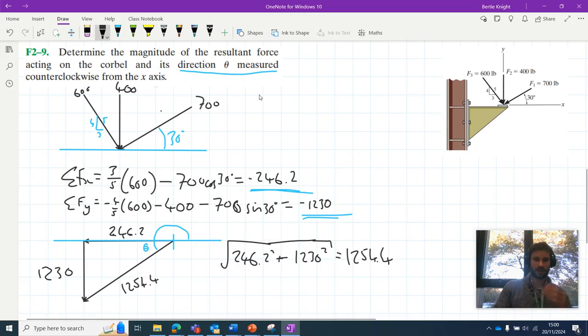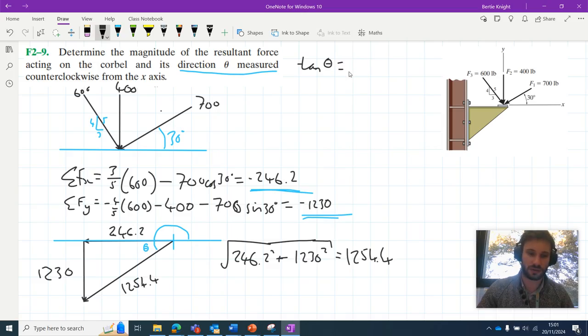So students will know you can use any trigonometric ratio you like here, sine, cos, or tan, since we have all sides of the triangle. Let's just go with tan. So we can say that the tan of theta, where theta is the angle inside the triangle here, is equal to the opposite over the adjacent, where the opposite is 1,230 and the adjacent is 246.2.